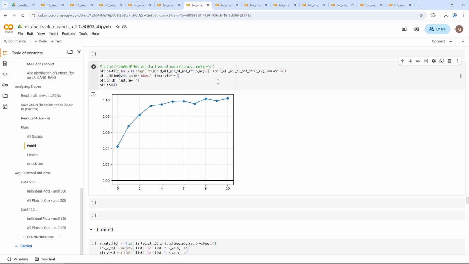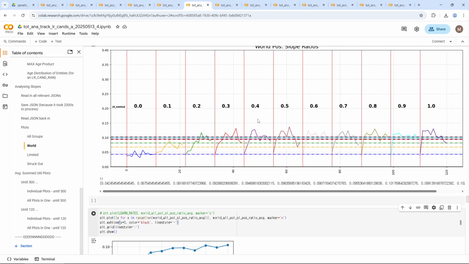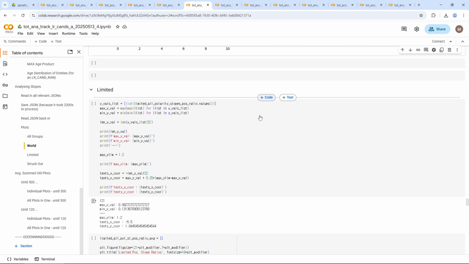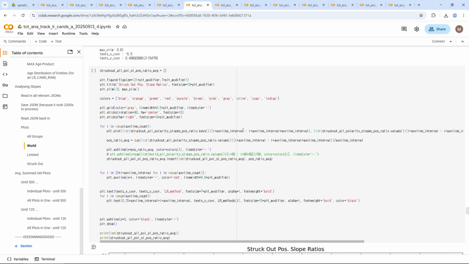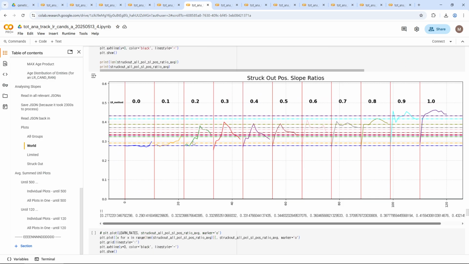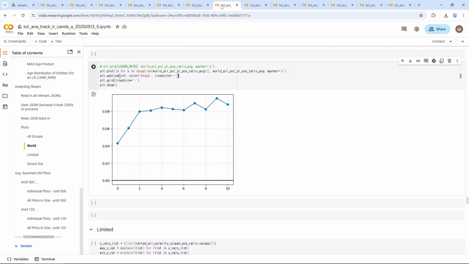This is normal distribution. The candidate method is normal distribution. This is for the world entities. For the limited entities. And for the struck out entities. This is for the random candidate method.